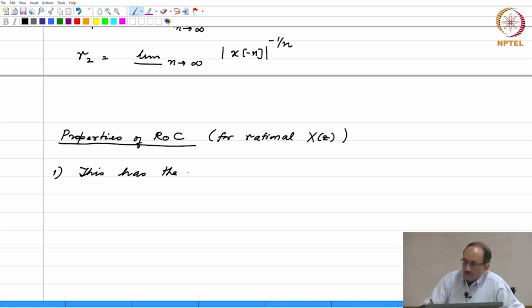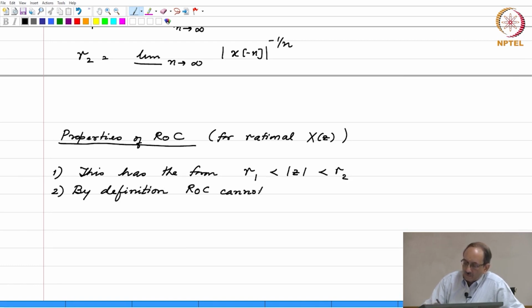So, this has the form R1 strictly less than mod Z, strictly less than R2. By definition, RoC cannot contain poles.